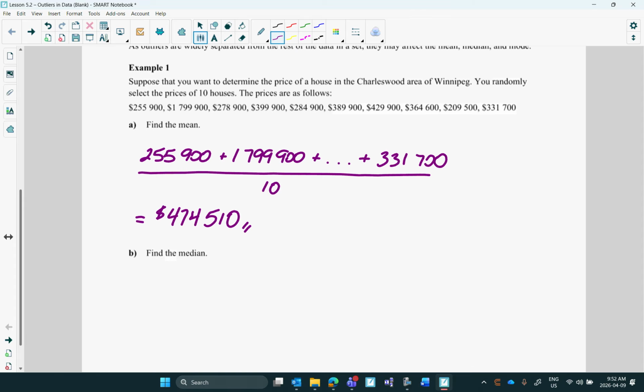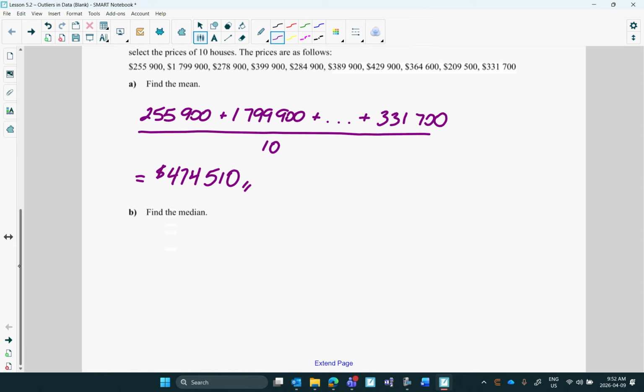So again, I'm not going to write all these out. I'm just going to write the important ones. So we start with the lowest. We keep listing until we get the 2 numbers in the middle. So the 2 numbers in the middle are going to be $331,700 and $364,600.